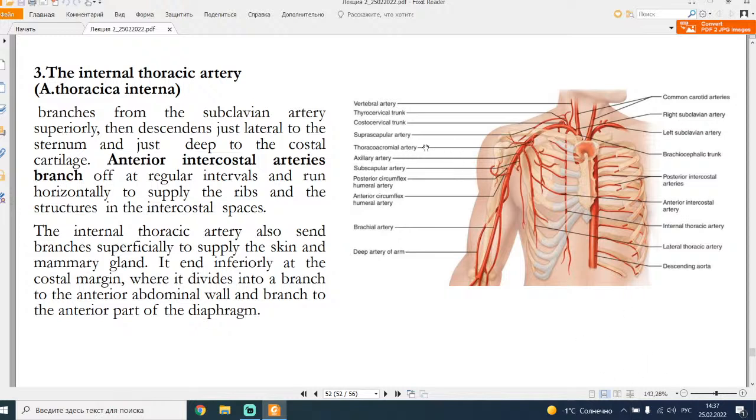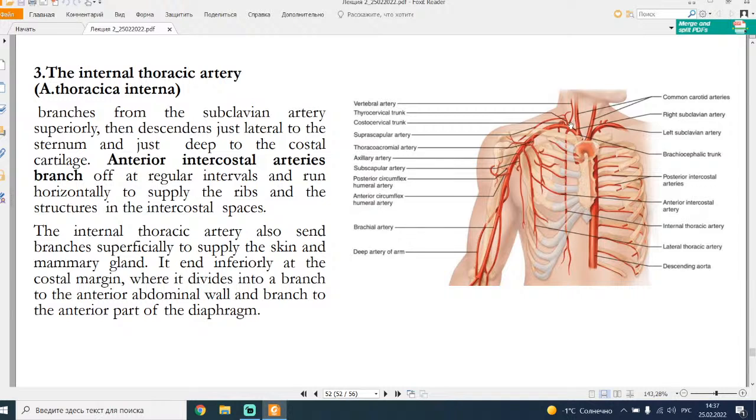The internal thoracic artery also sends branches superficially to supply the skin and mammary gland, and inferiorly at the costal margin, where it divides into a branch to the anterior abdominal wall and a branch to the anterior part of the diaphragm.